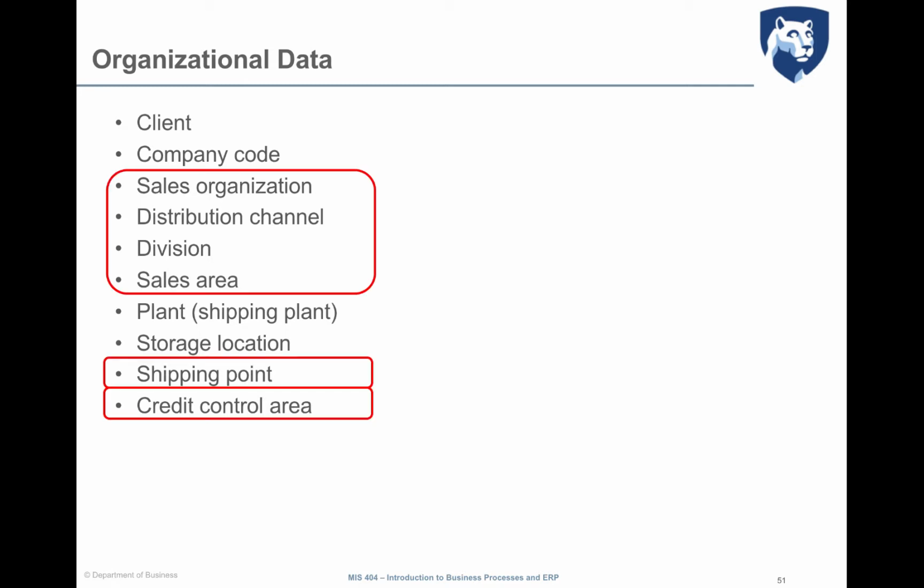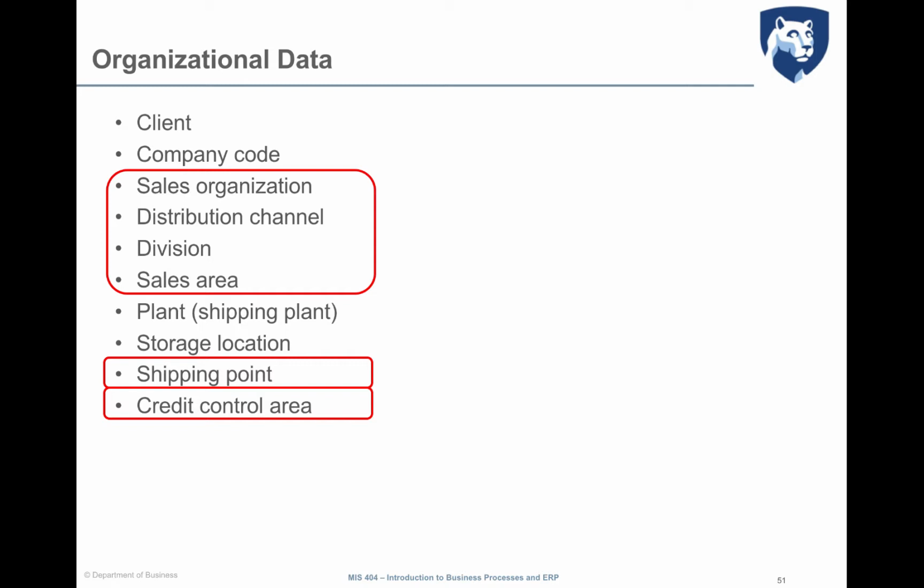In particular, we have the concept of sales area, the concept of shipping point, and the concept of credit control area. In the concept of the sales area, we will include the sales organization, distribution channel, and the division. So these are the three groups of organizational data that are specific to the fulfillment process.